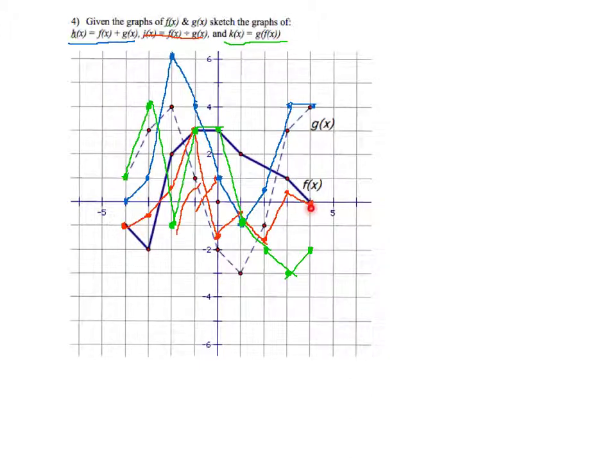X was 4, so f of 4 was 0. So now I look at g of 0, which was negative 2. So I inputted 4 for the x, and my final output after looking at f and then g of f was negative 2. So I made a dot at the point 4, my original input, and negative 2, my final output. And that is how we do algebra with graphs.